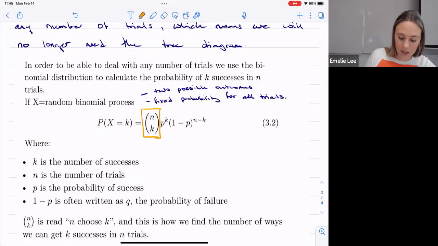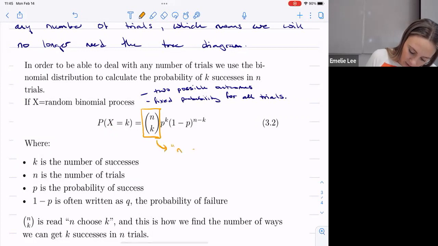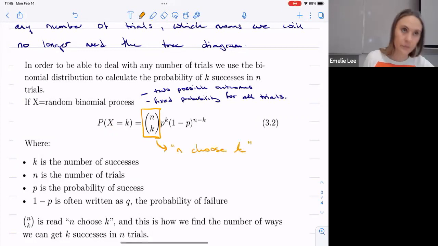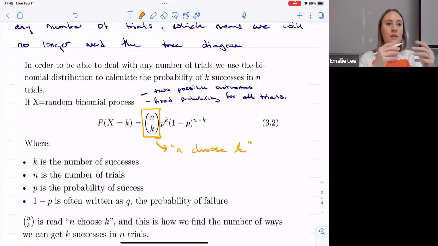So it looks a lot like a fraction, but it's not. So this we read as n choose k. And this is what's going to give us how many branches satisfy that criteria. In n trials, how many are exactly k successes?